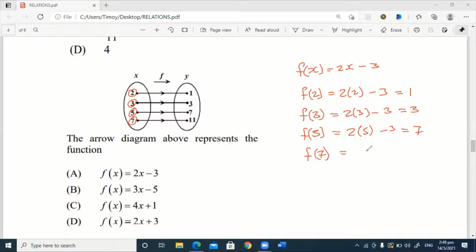It's going to be 2 times 7 minus 3. What's 2 times 7? That's 14. What's 14 minus 3? That's going to give us 11. So we don't need to test anymore. Obviously, we can see that for every x value we plug into option A, the corresponding y value is each y value over here. So our answer is going to be A.